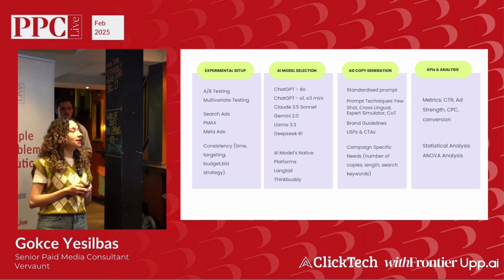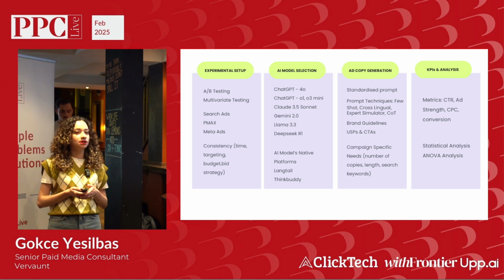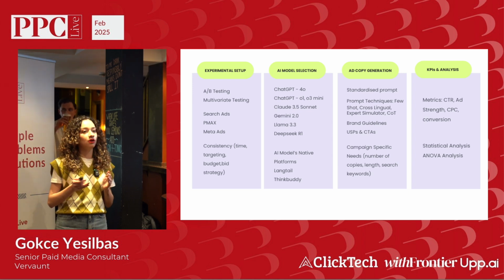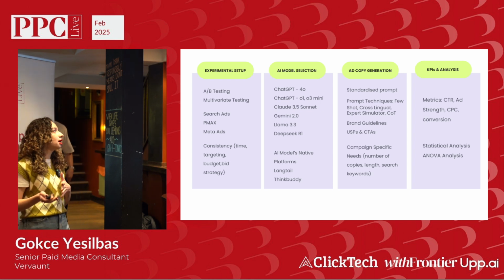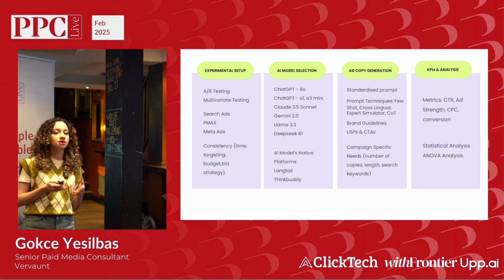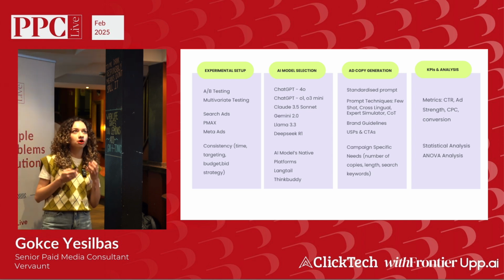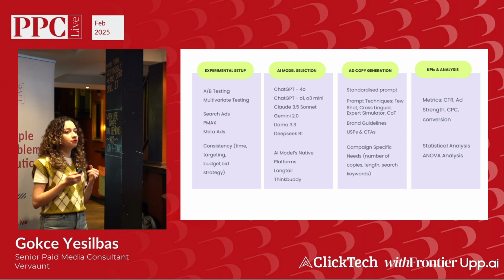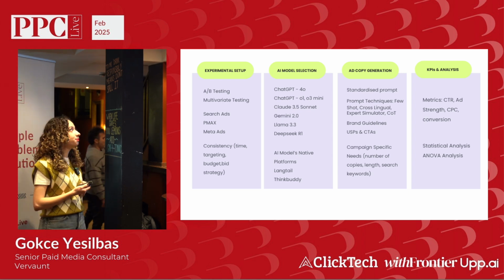First of all, in the experimental setup, you can choose either A/B testing or multivariate testing in your ad copy testing. And then you can run your ad copy testing on platforms such as search ads, PMax, or Meta ads. But be careful to be consistent in terms of time targeting, budget, and bid strategy.